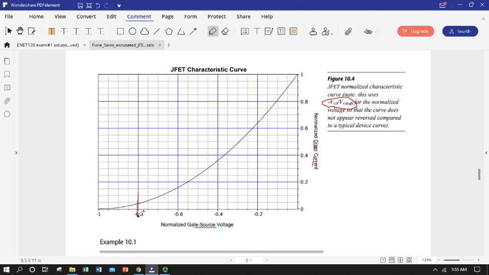I'm going to apply very little gate to source voltage. Maybe I'm concerned, maybe I can't control that voltage perfectly. So I want to know if I move off of my control point, maybe I can't get quite negative 0.8 there, or whatever I'm trying to apply. Maybe I've got a kind of a sloppy DC power supply. I want to know how different my range of Y values is here for any given change in X. If I move to maybe 0.82 or 0.84, am I going to get a huge change in drain current?